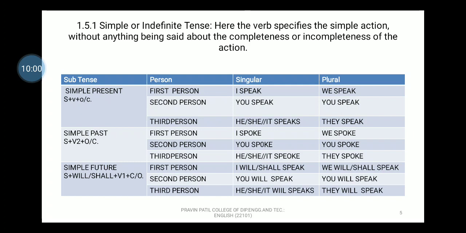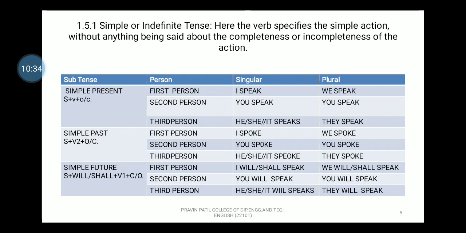So my formula number 1: V1 is simple present time, V2 is simple past time, and will and shall are simple future time. Here there are first person, second person, third person, singular and plural. I speak, we speak; you speak, you speak; he, she, it speaks; they speak.